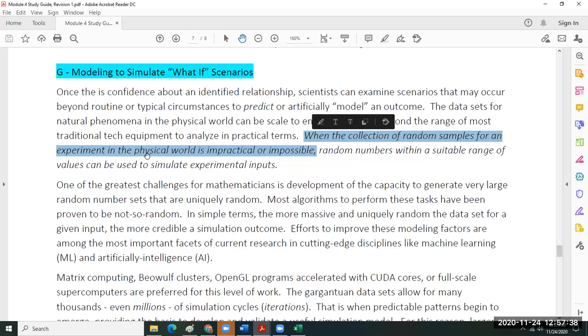Many times an experiment in the physical world is not very practical, or it's just impossible. Nuclear weapons testing used to happen in the real world, and the number of cancer cases started to spike quite a bit for a number of years until people started to correlate and then actually prove a cause and effect. Hey, you know what? The more above ground tests we have, the more people get cancer.